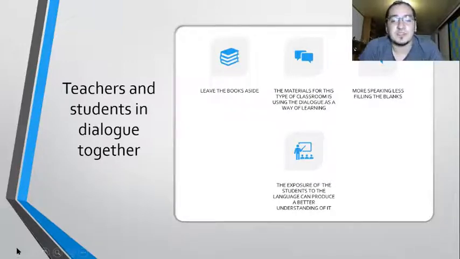The exposure of the students to the language can produce a better understanding of it. What happens if I have a book and the book provides me with vocabulary and sentences, and they provide me with grammar, and they provide me with adjectives and nouns, but at the end I cannot relate that to the real world.